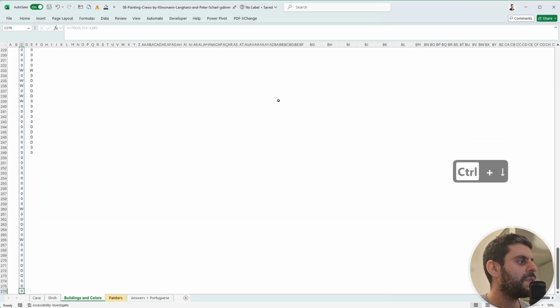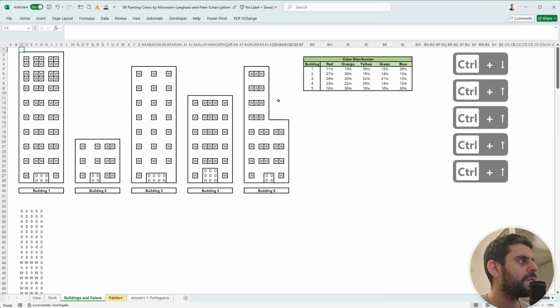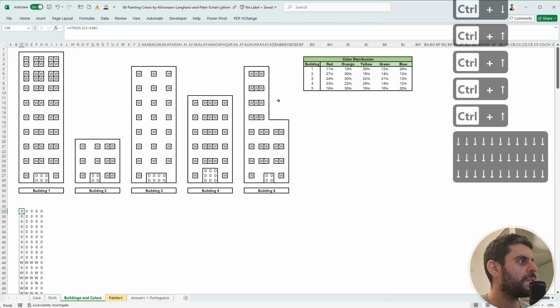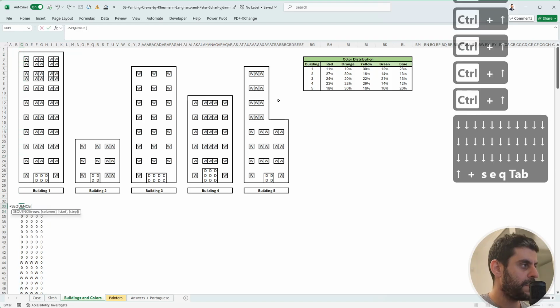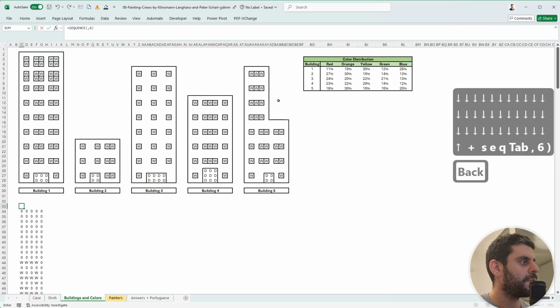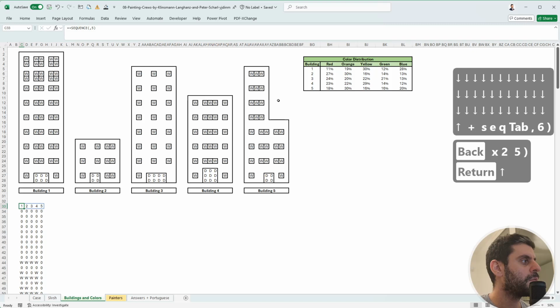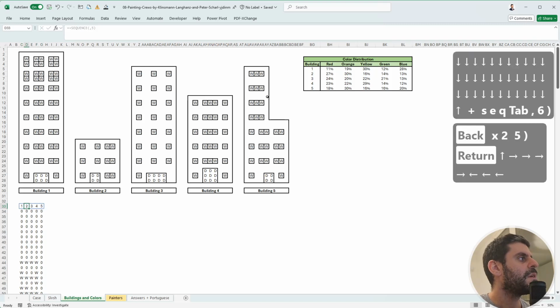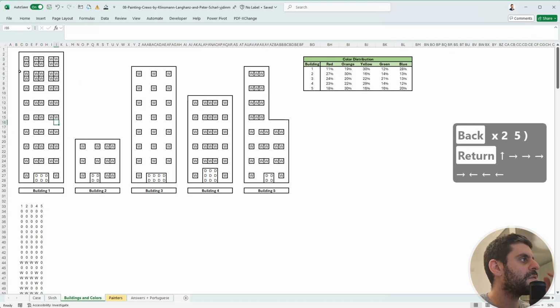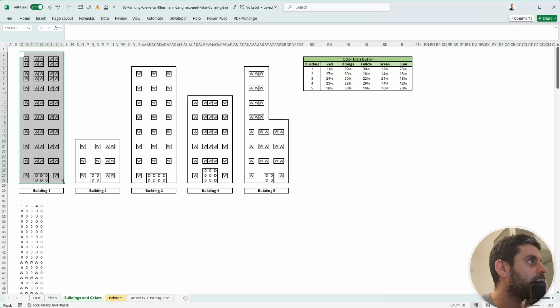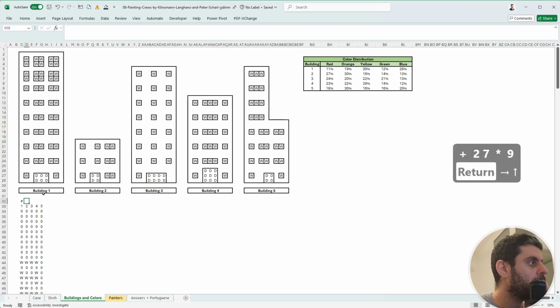I also need the sizes. So this will be a sequence of 5. And that's a 27 times 9. That's a 9 by 9.